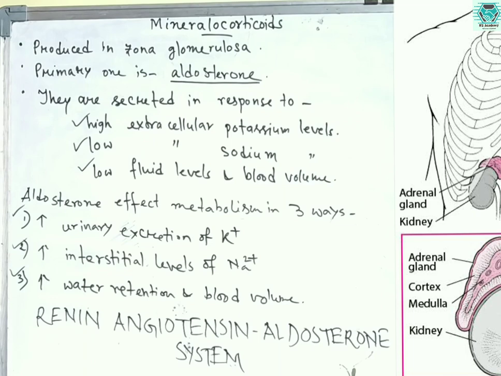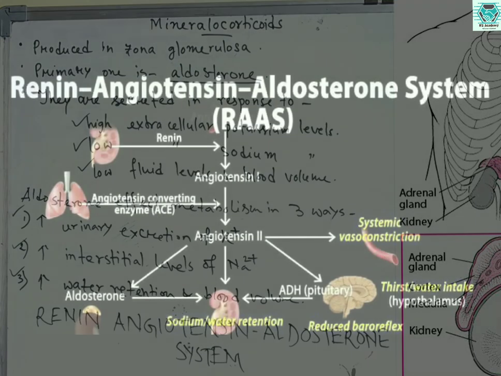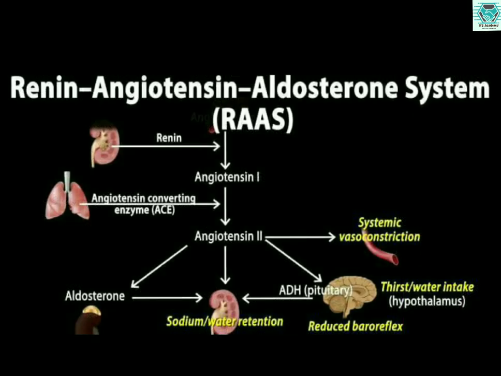So next we move to that system. In the diagram, the renin-angiotensin system is shown. The RAS, or the renin-angiotensin-aldosterone system, RAAS, is a hormone system that regulates the blood pressure and the fluid balance of our body.